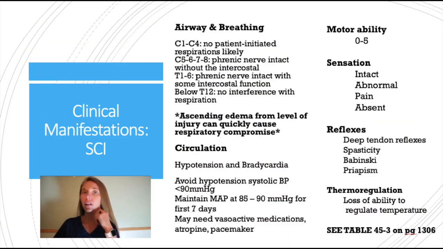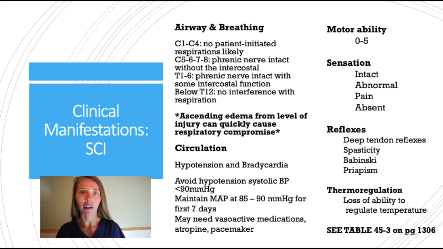So our clinical manifestations of spinal cord injury. The level of spinal cord injury is going to determine the severity and the signs and symptoms of what your patient is going to present with. So for instance, in the cervical spine, if we have a cervical spinal cord injury, the patient may or may not be able to initiate their own breaths.